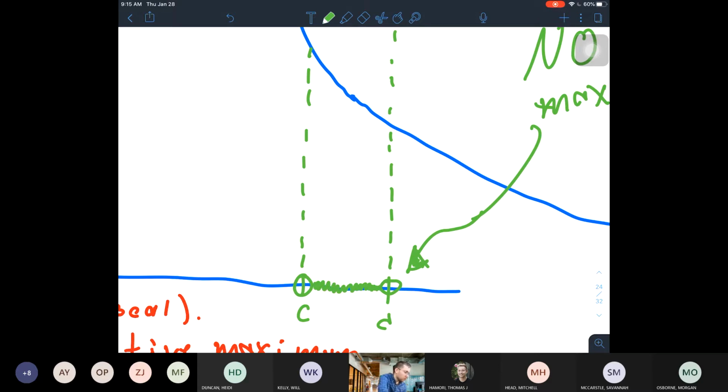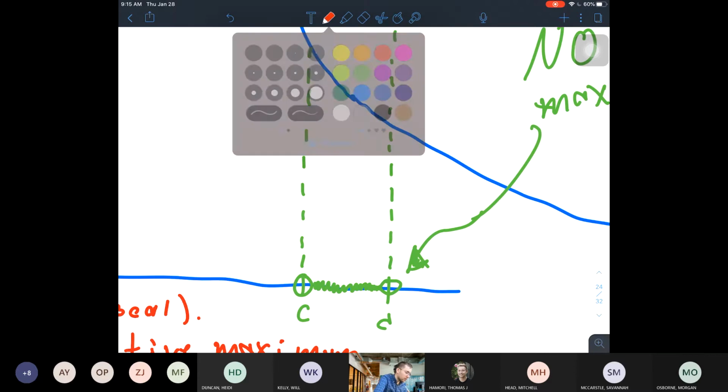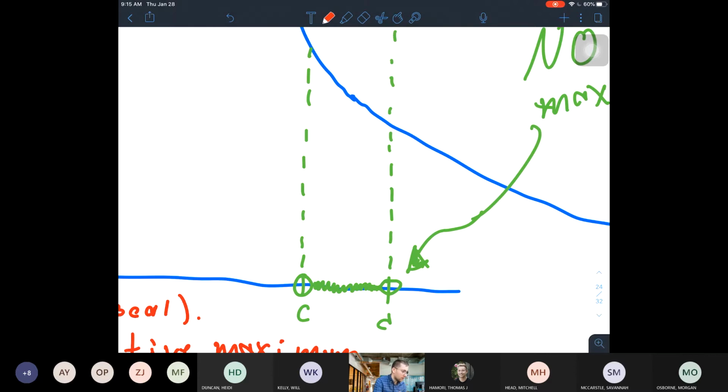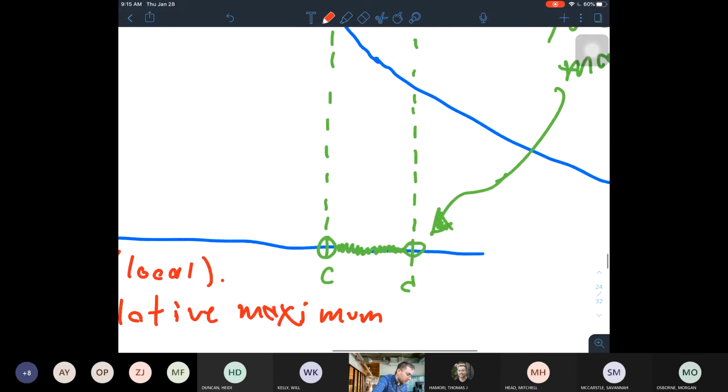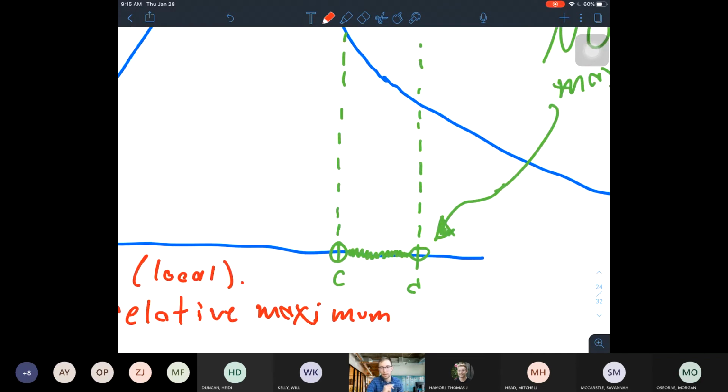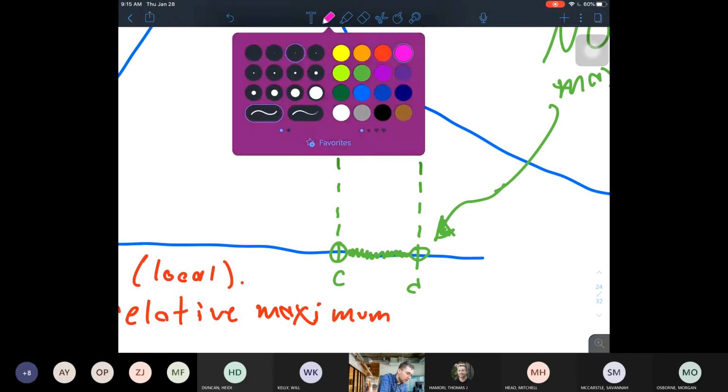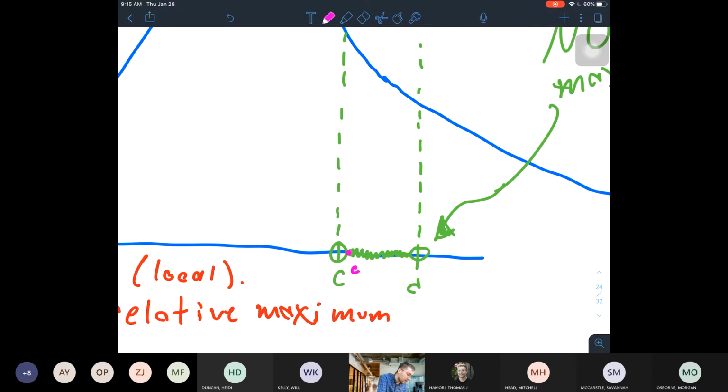So I can choose any point which is very close to c. I think we can all agree if there was a max, it would occur somewhere around here, on the left side of the interval. So I can choose any point which is very close to c, but not quite c. That's what it means for this to be open. So I could choose, say, maybe the point here, which we would call, why don't I use pink? We could choose this point here, which I'll call c plus 0.1.